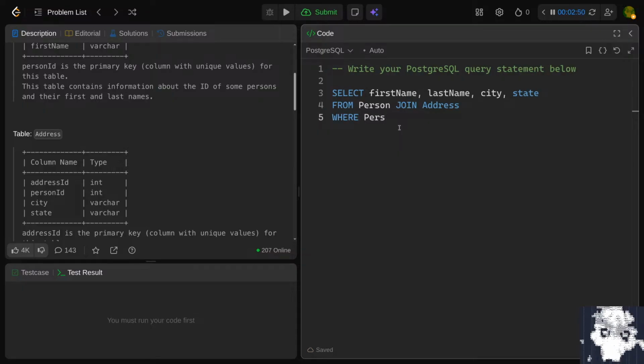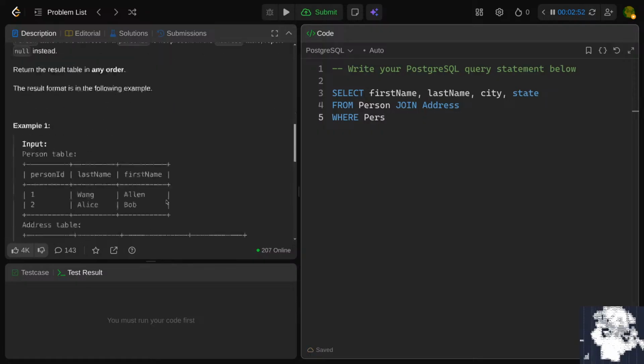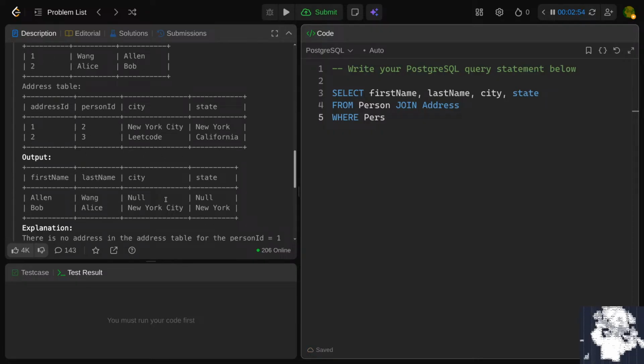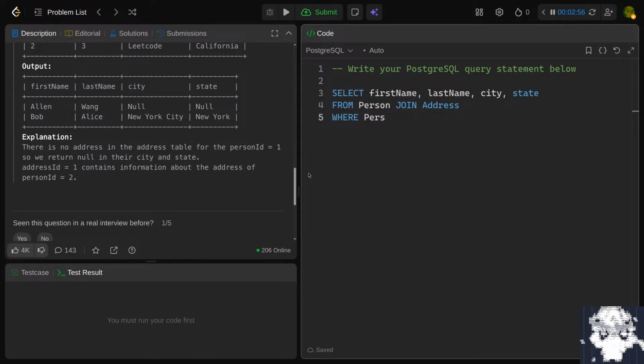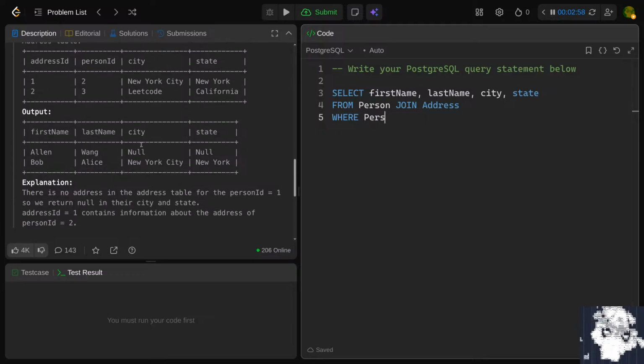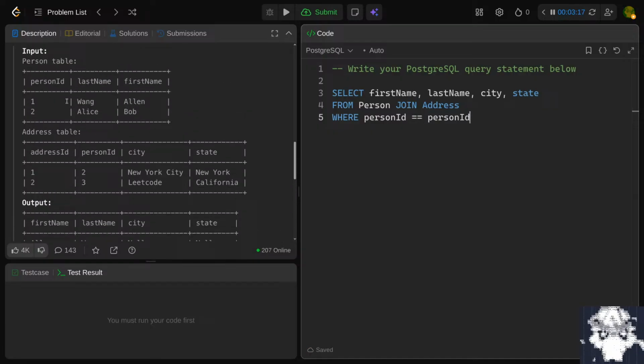Where, and then I just want to say address ID equals, or where person ID equals person ID, or what is it? What is the person ID called in the first? They're called the same thing in both tables.